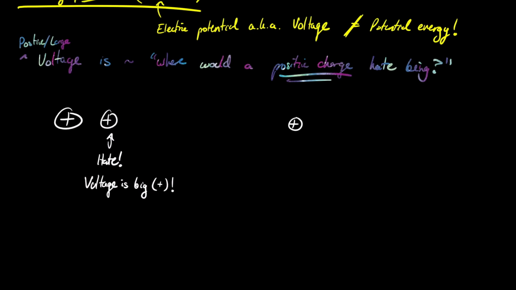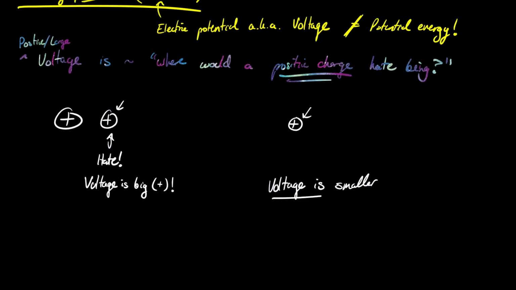Conversely, compared to being over here, they love being over here. They would rather be over here by a mile. So the voltage, I'm going to say, is smaller. You could potentially call it negative, but we're just going to say it's smaller than it was over to the left.